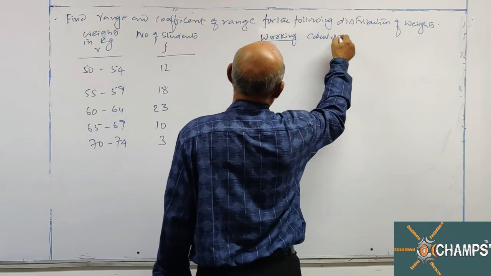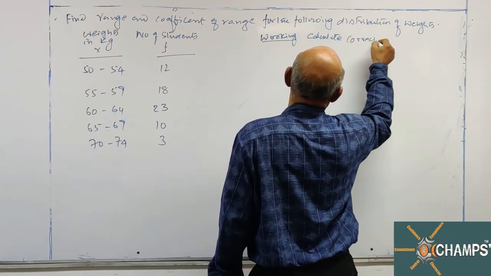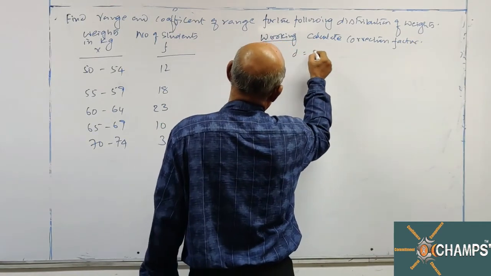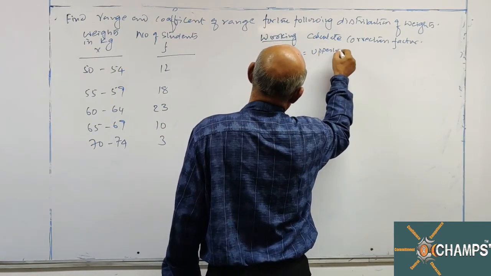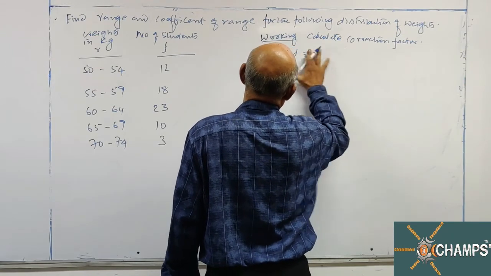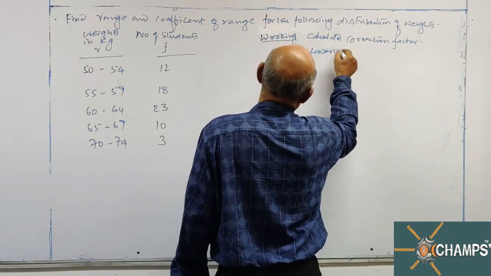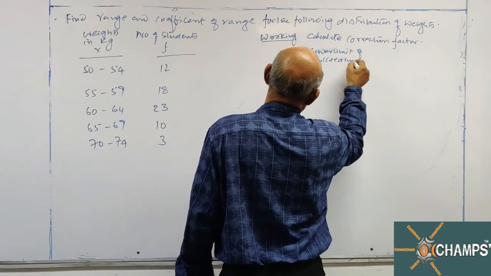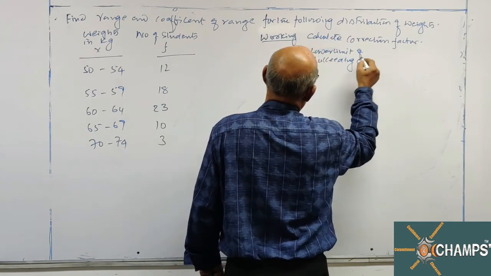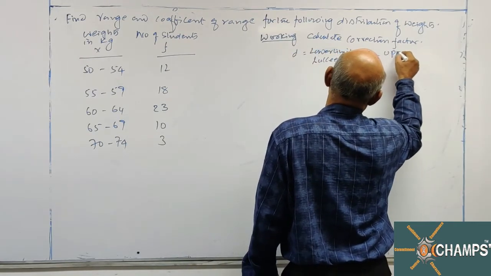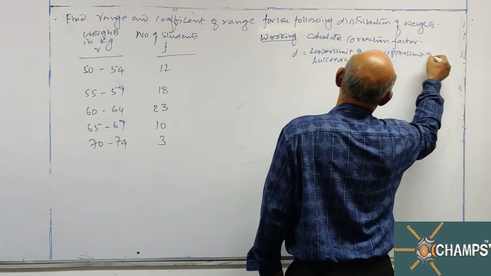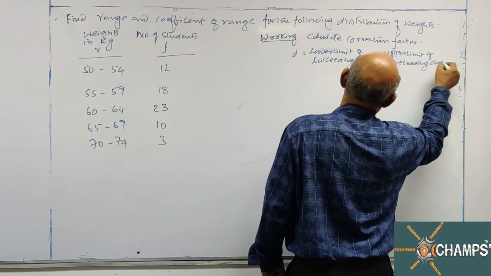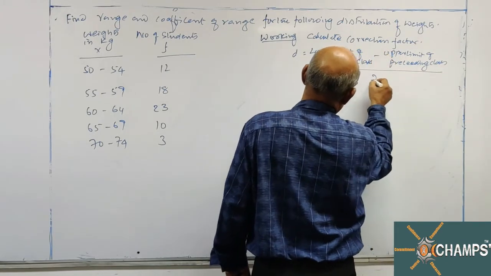Calculate the correction factor. Correction factor D is equal to lower limit of succeeding class minus upper limit of preceding class, whole divided by 2.